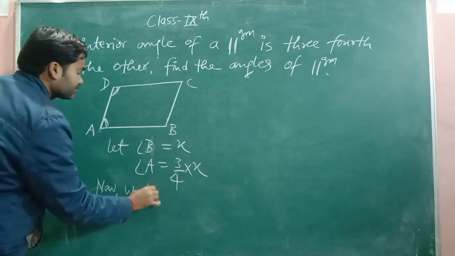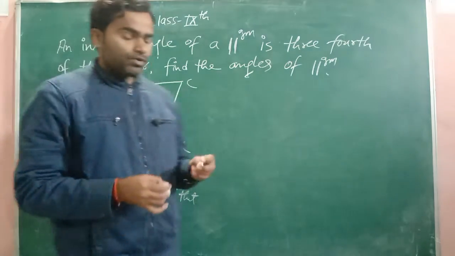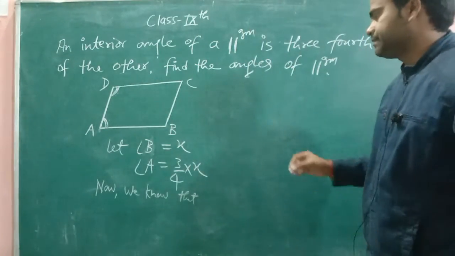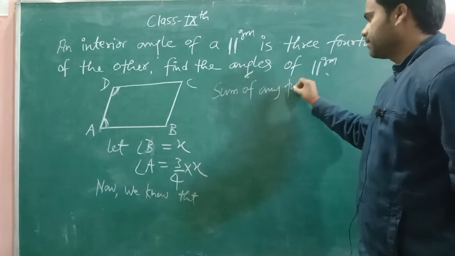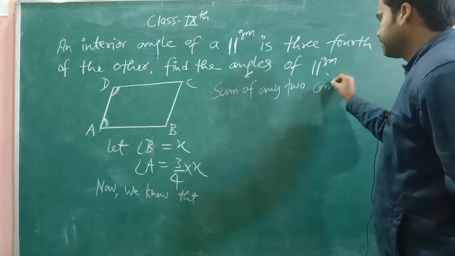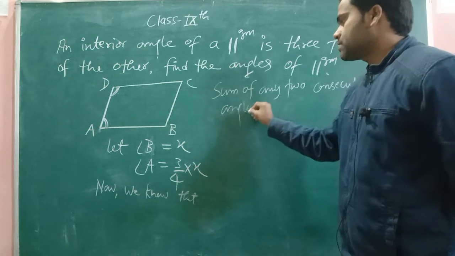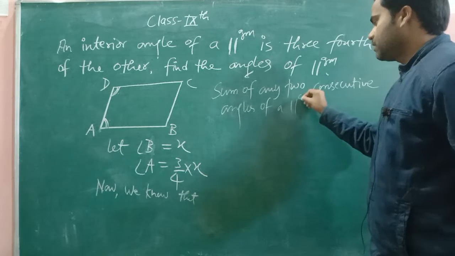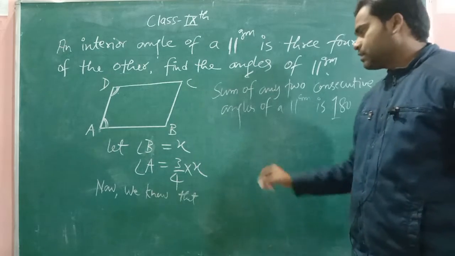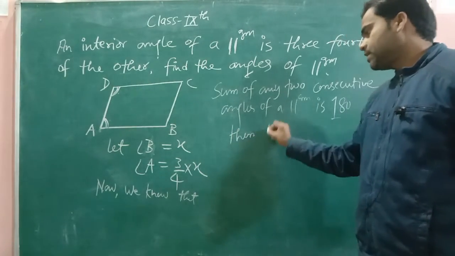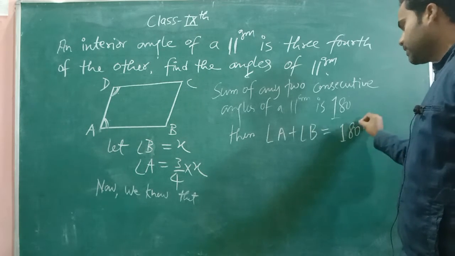Now we know that the sum of any two consecutive angles of a parallelogram is 180 degrees, then angle A plus angle B is equal to 180 degrees.